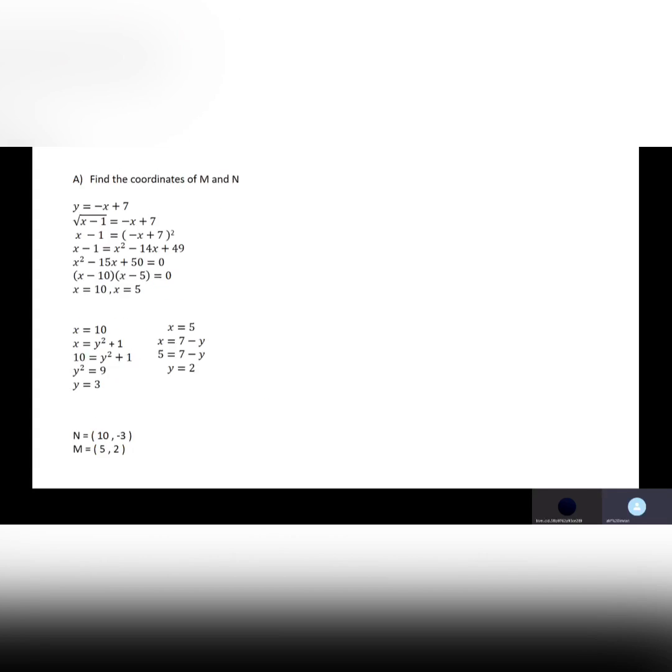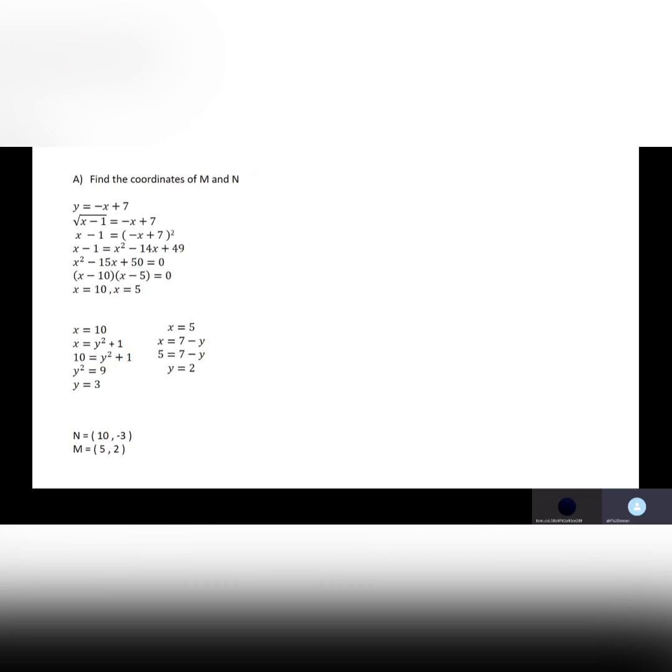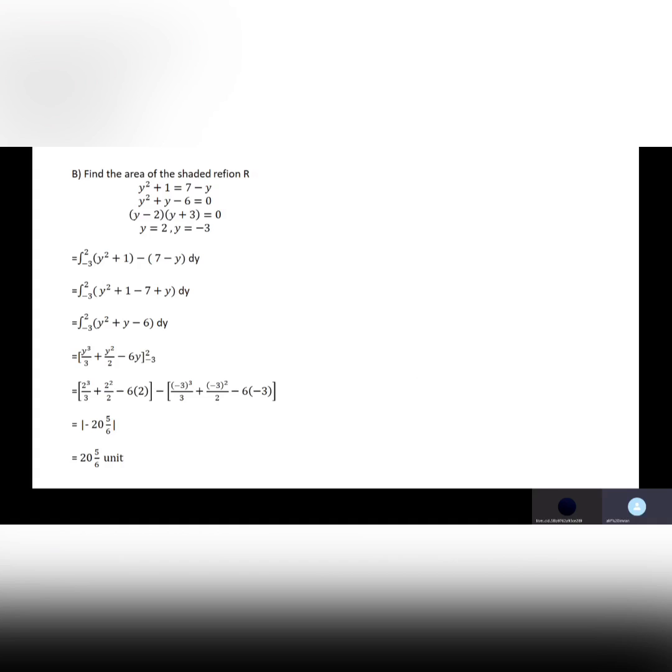When we look at the problem statement, the region is near the y-axis, so we must use dy and we must use the y equation like this: y power of 2 plus 1 minus 7 to minus 1.